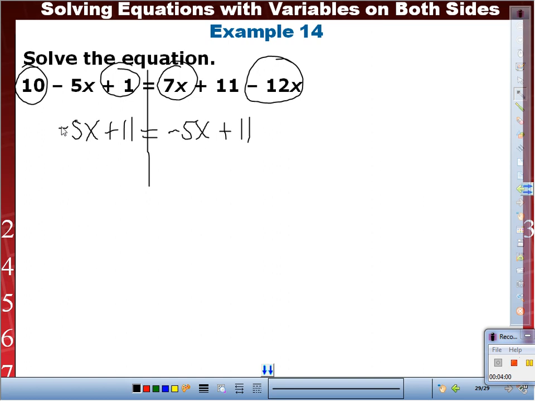When you have an equation that after you simplify each side, you get this side identical to this side, we call that an identity. And let me tell you why.